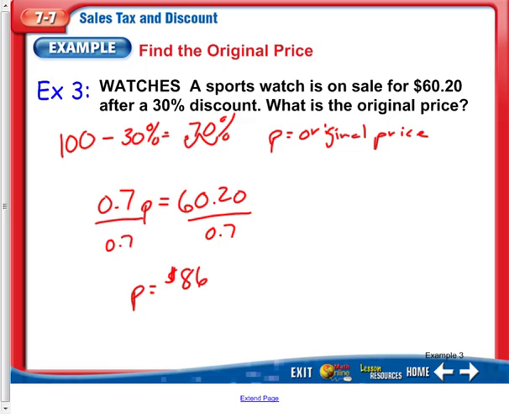So what that means is the original price of the watch was $86. We got 30% off. So that means we paid 70%, which is why it's 70% times P equals this. All right, so using this method here is actually probably a lot easier than trying to figure it out any other way. So I would like you to think about it that way.